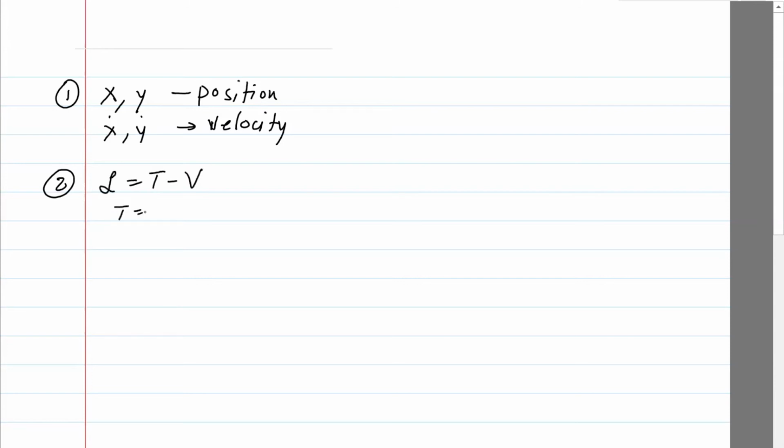So T is the kinetic energy that is consisting of two parts. The kinetic energy due to translation, which is 0.5 mass times velocity square, which is nothing but x dot square plus y dot square, because the velocity in the x direction is x dot and y is y dot, and when you square them, you get the velocity.